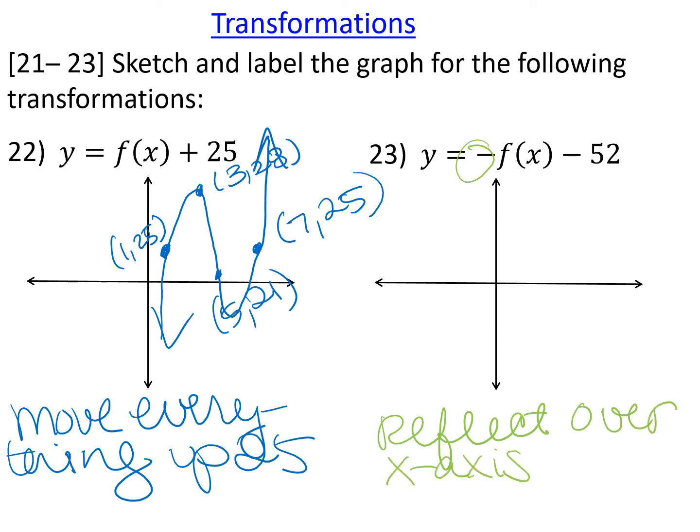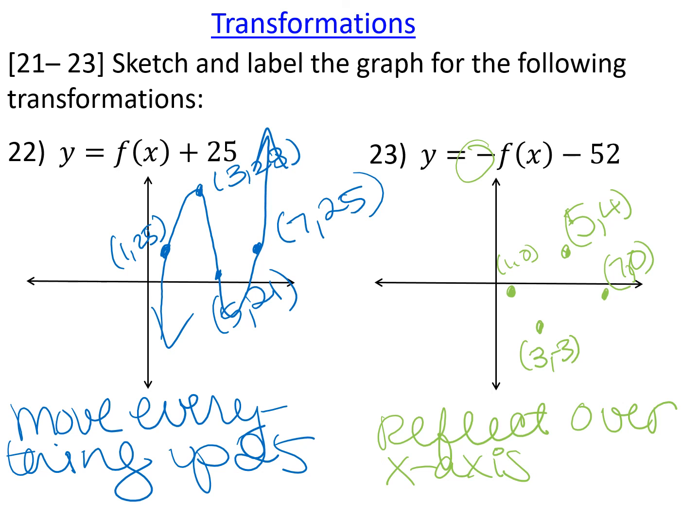Basically, we're just changing all of our y values. So that one that was 1, 0 is still 1, 0. The one that was 3, 3 is now 3, negative 3. I'm just changing that y value. The 5, negative 4 becomes 5, positive 4. And then the 7, 0 stays 7, 0.